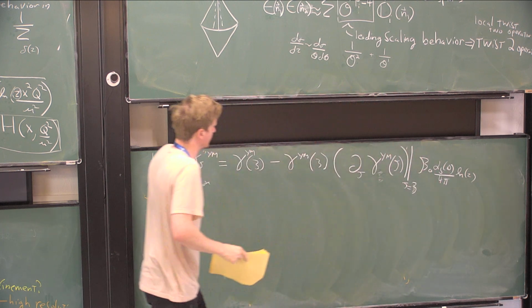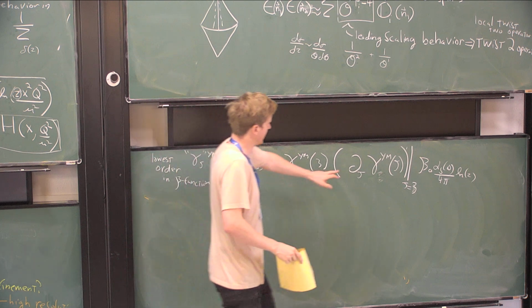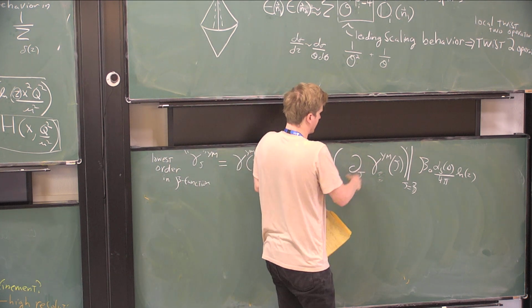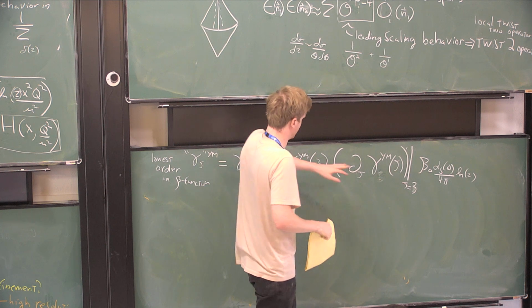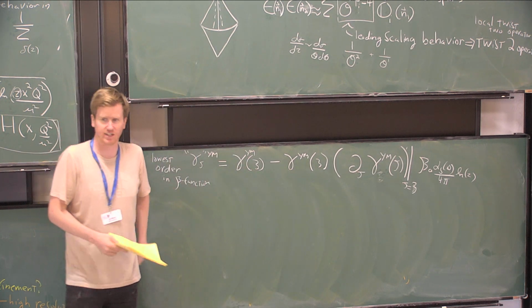And so as you go to higher and higher orders, so you have first order beta function, second order, etc., you get higher and higher derivatives of the anomalous dimension about that particular point. And so you need slightly more information when you have running.